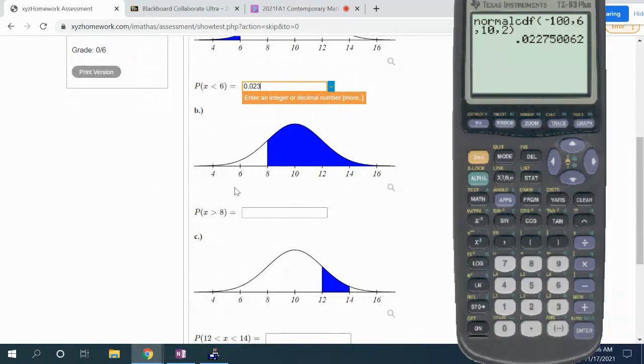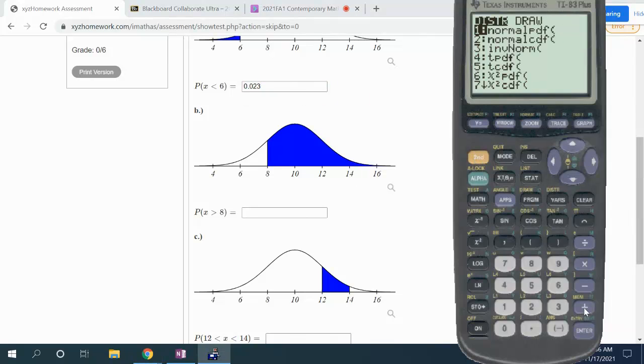All right, let's take a look at B. Here we're finding the probability that X is greater than 8. Our probability is area, so we want to find the area under the curve greater than 8. I'm going to use the normal CDF once again.